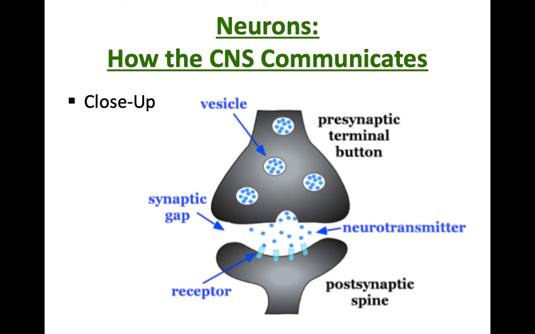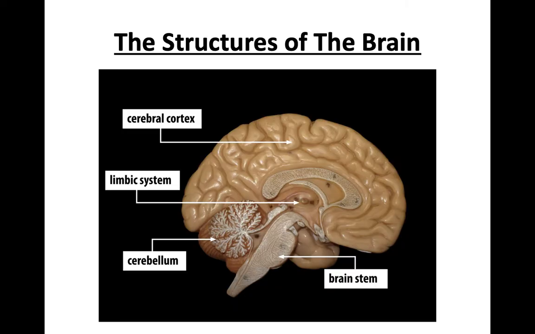I'll come back and review neurotransmitters again. The basic idea that I want you to extract, given that this is an introductory class, is that we have different types of chemicals. You've probably heard the term brain chemistry. Well, that's literally true, that we have different chemicals in our brain and they're responsible for different functions.